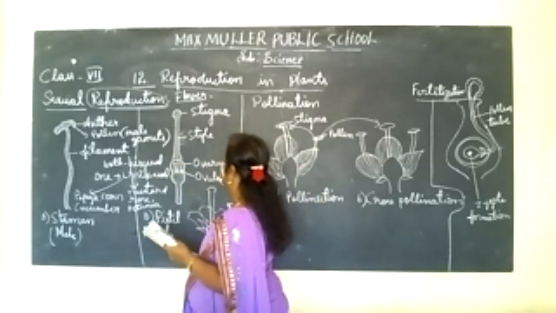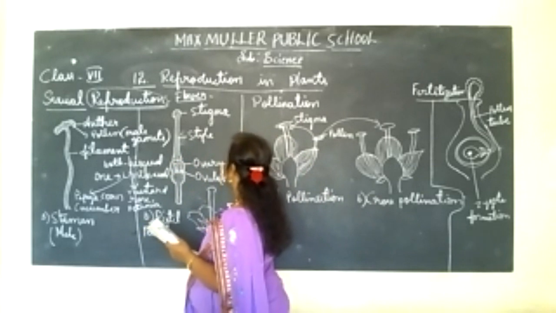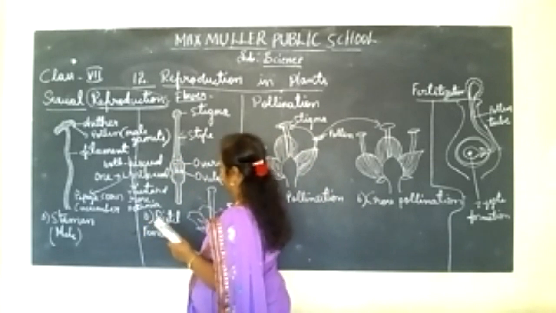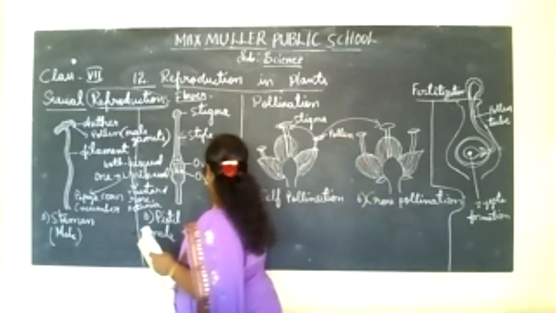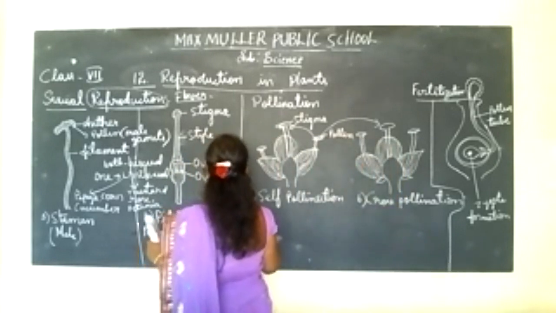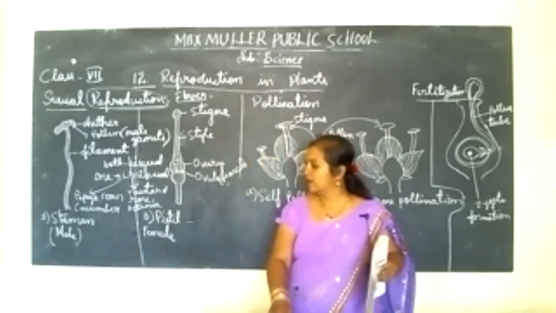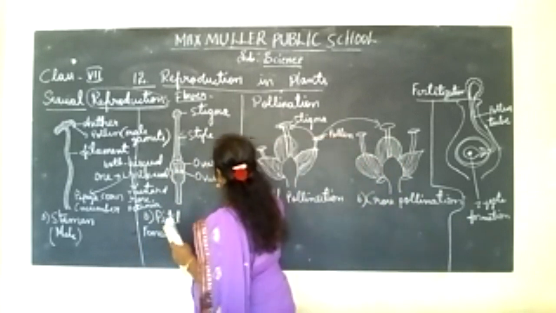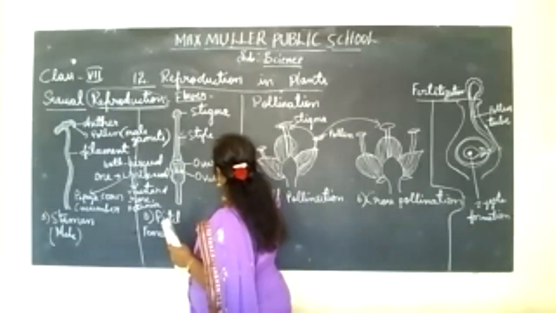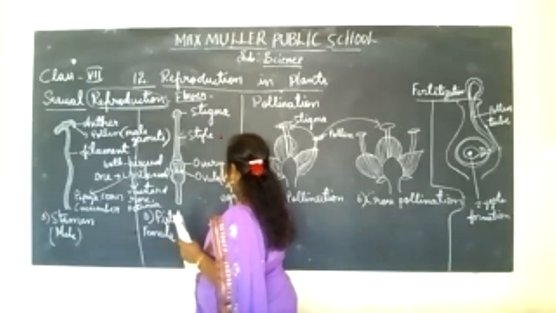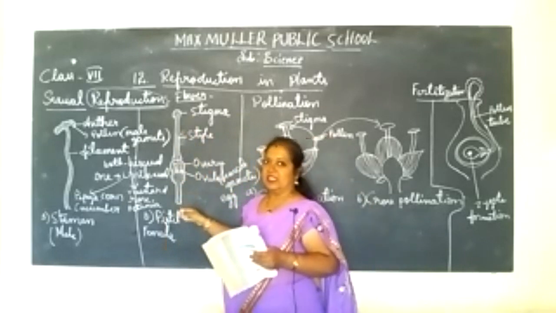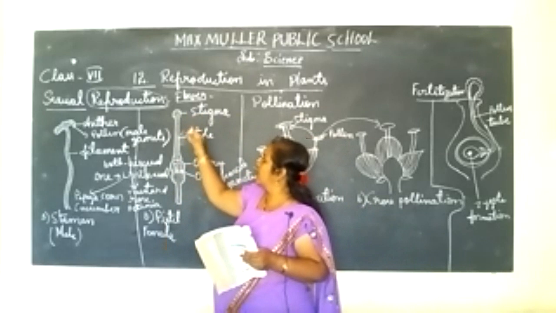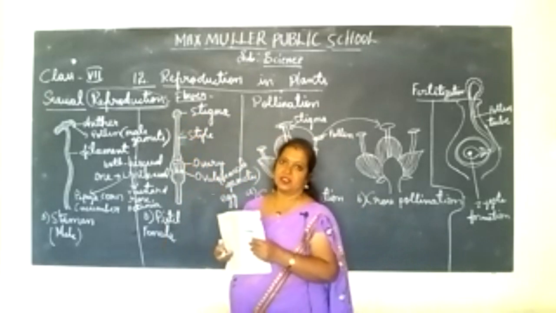This is also called female gametes. Female gametes are eggs. The pistil has the stigma, style and ovary parts.